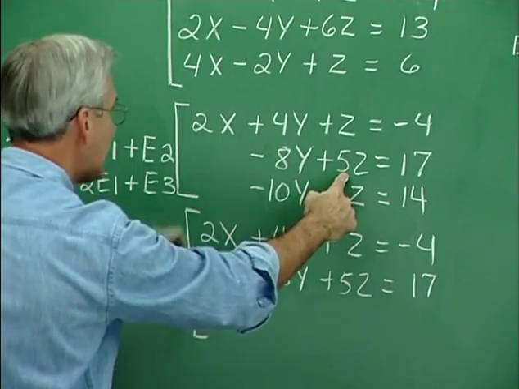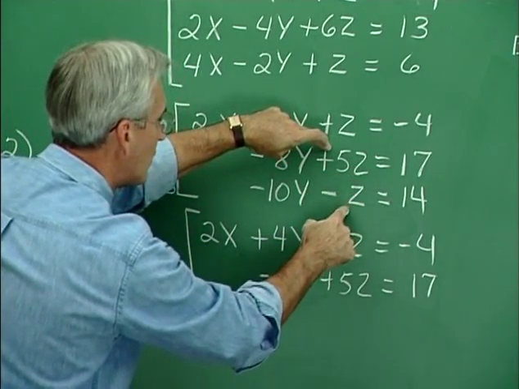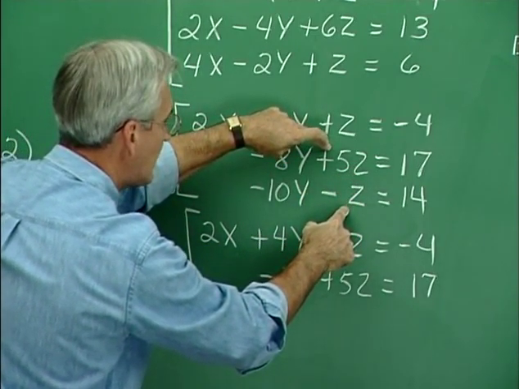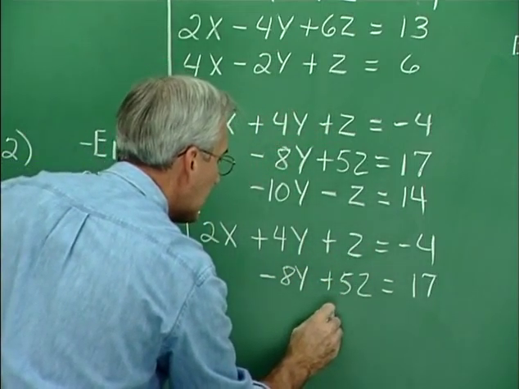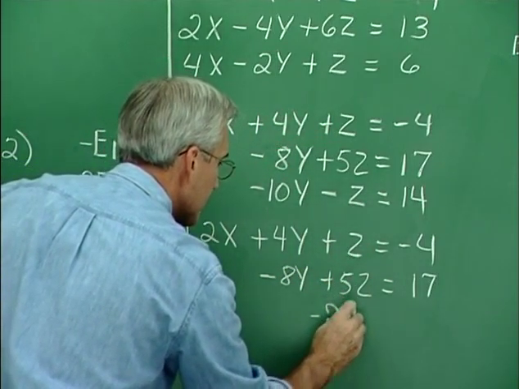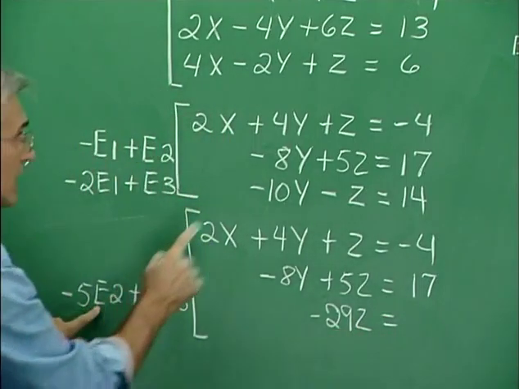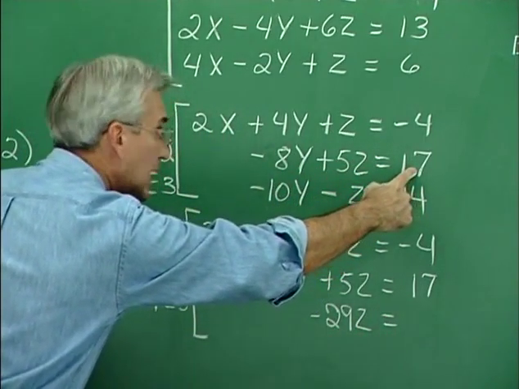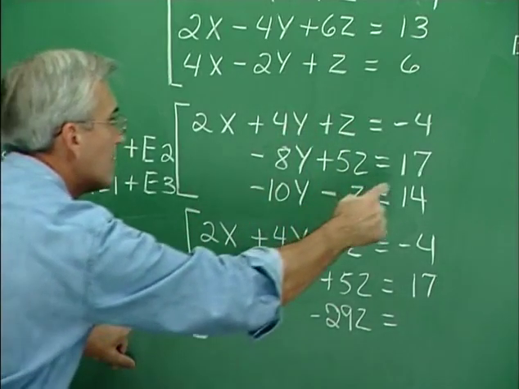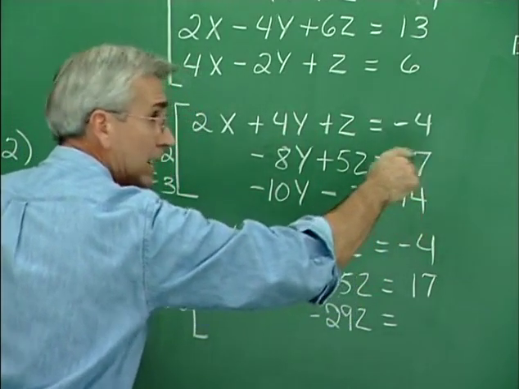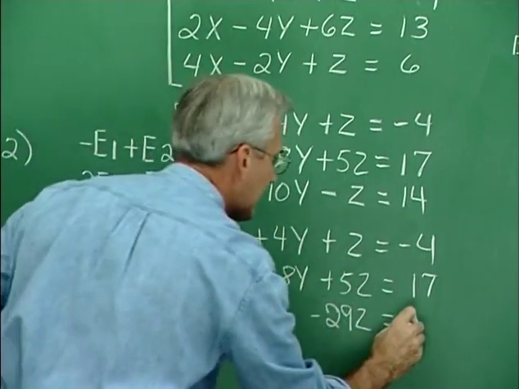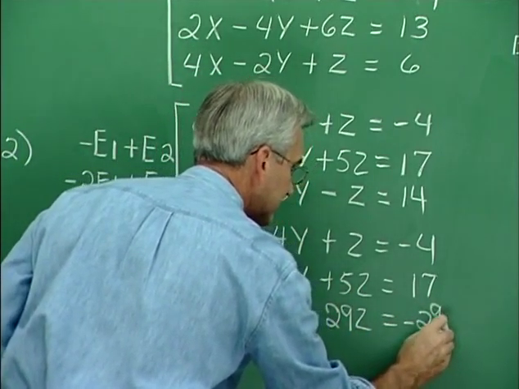So I have to keep track of this negative 25 and then minus 4z. So negative 25 minus 4 is negative 29z. And now, negative 5 times 17, calculator time, and then plus 4 times 14, is what we want to add. With a calculator, we find that it turns out to be negative 29.